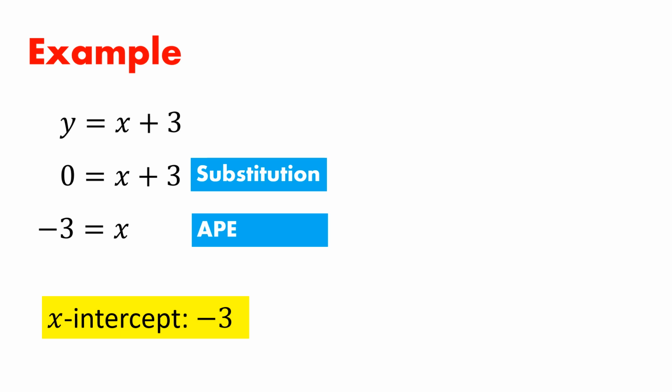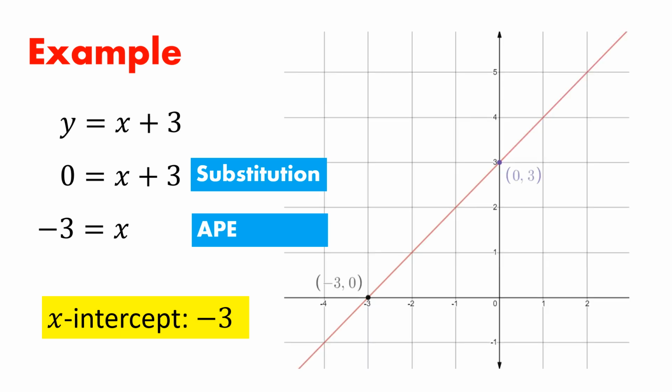Again, this can be easily verified graphically. Notice that the graph of the equation intersects the x-axis at the point negative 3, 0. The x-intercept is really negative 3.